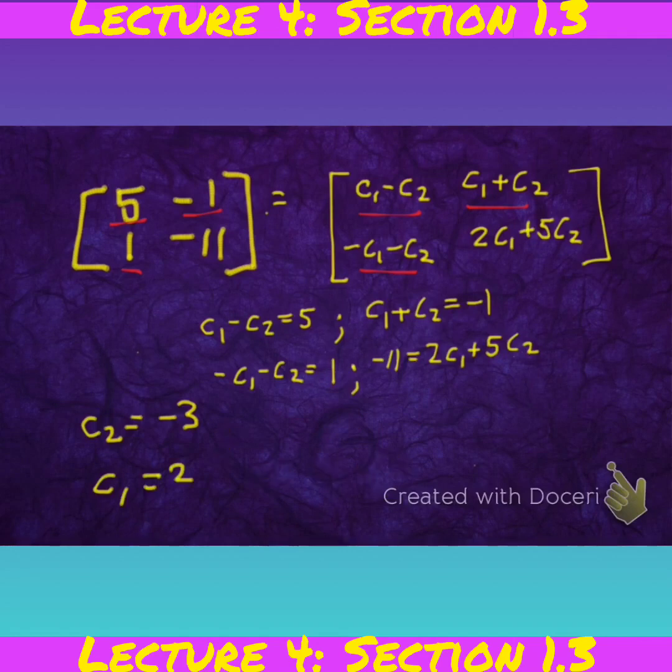Okay, so C1, C2, they both satisfy that equation and that equation. And they also satisfy that equation. Let's just make sure that it satisfies that final equation there. Otherwise, there won't be a valid solution here. So we have that minus 11 should be equal to 2 times C1, which is 2, plus 5 times C2, which is minus 3.